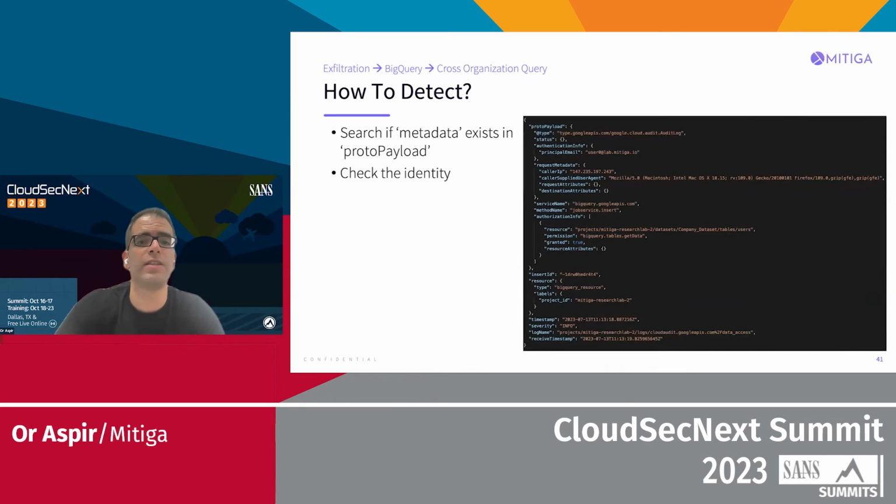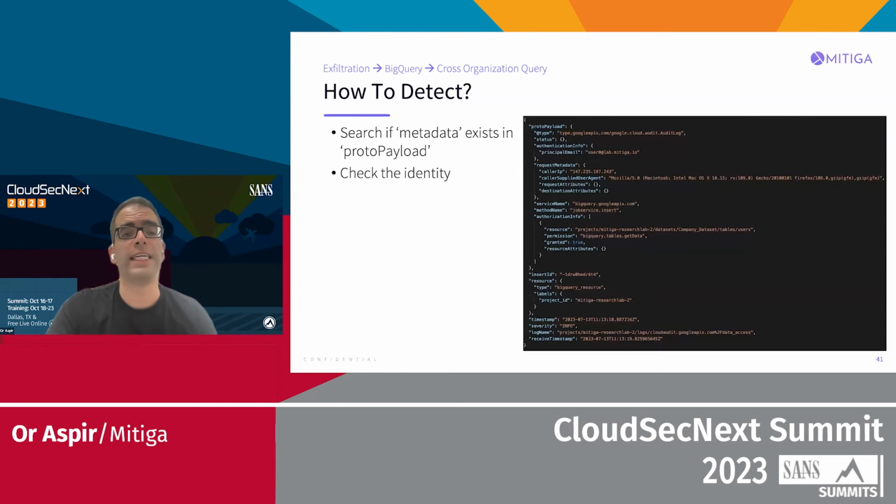So how can you still detect it as something suspicious? If you see this type of API, the BigQuery tables get data, and there isn't any metadata, you can assume that it is running from the context of a project which exists in a different organization, and you can assume that this is something that can be suspicious.